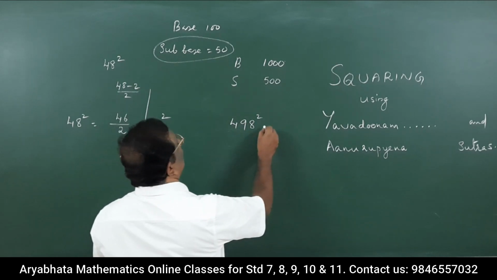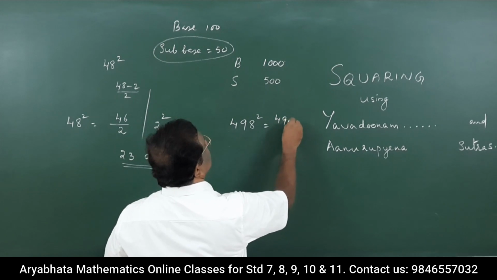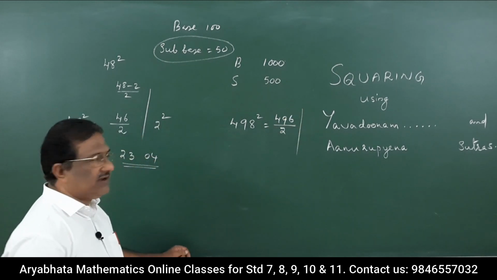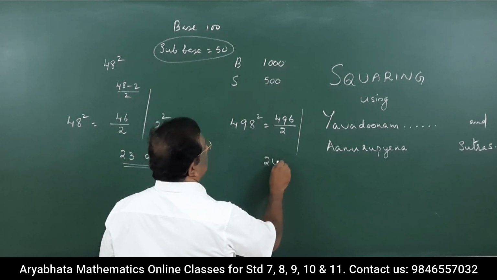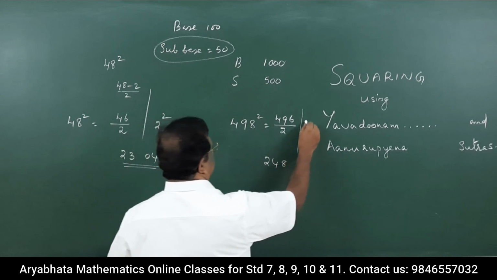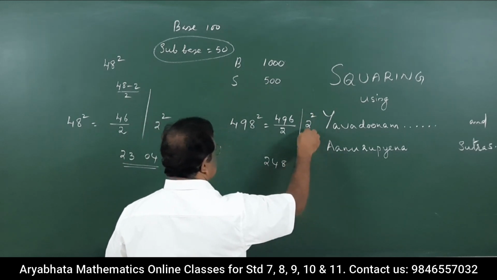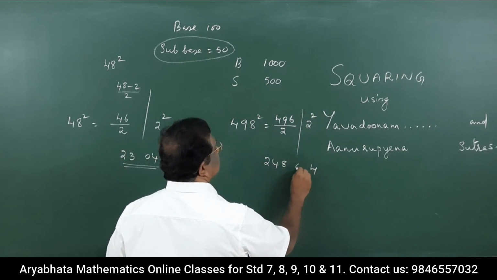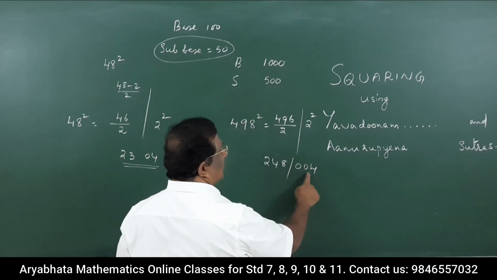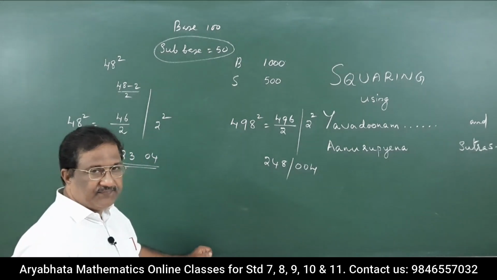Subtracting 2, we get 496, but write half of 496. That is the first part. So that is 248. The first part of the answer is 248 and the second part is the square of the deficiency. Square of 2 is 4. Write 004 because your base is 1000. We need 3 places in the second part.